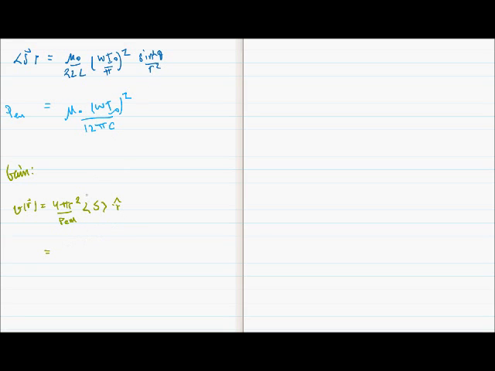Now the resulting combination, putting this here, and the average Poynting vector here, just ends up simplifying to 3/2 sine squared theta.